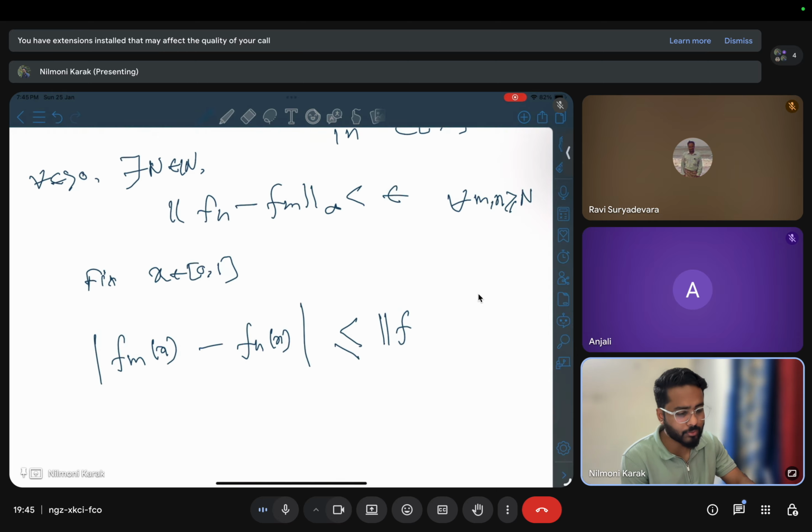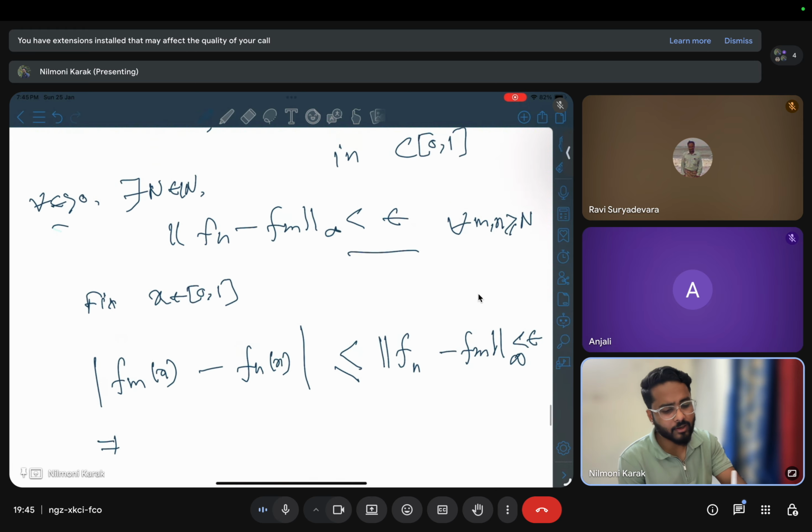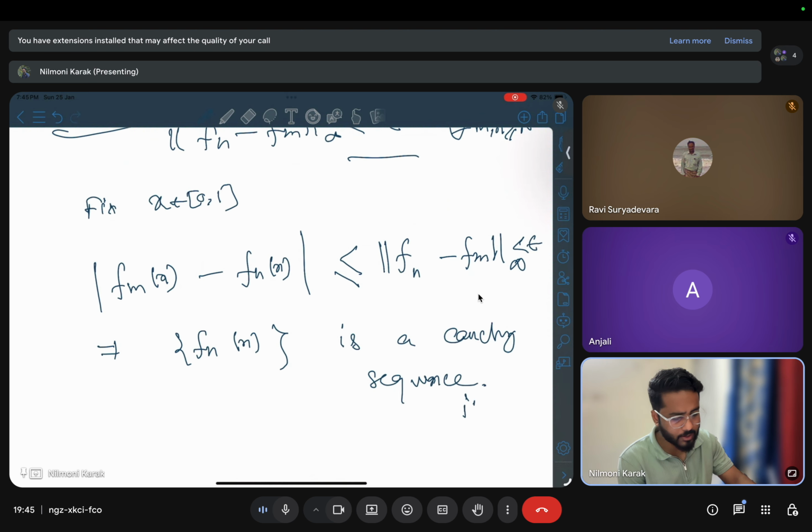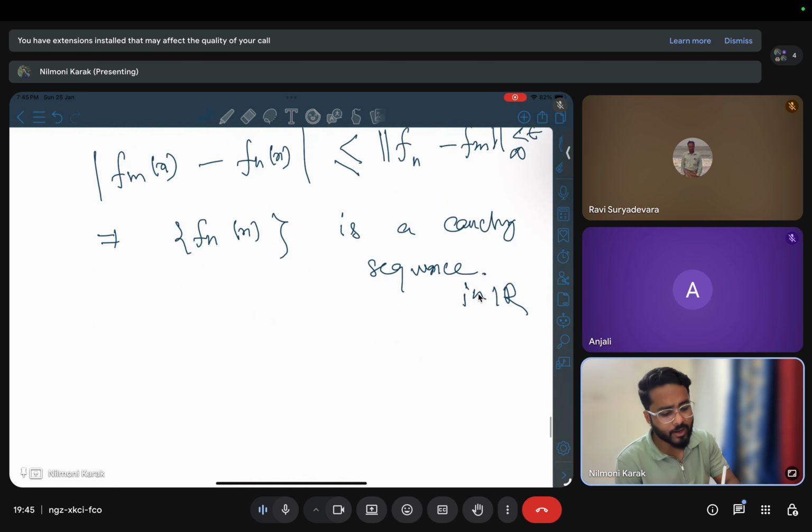So the supremum should be less than epsilon from here, with the same condition. So f_n(x) is a Cauchy sequence in R, and you know R is complete.